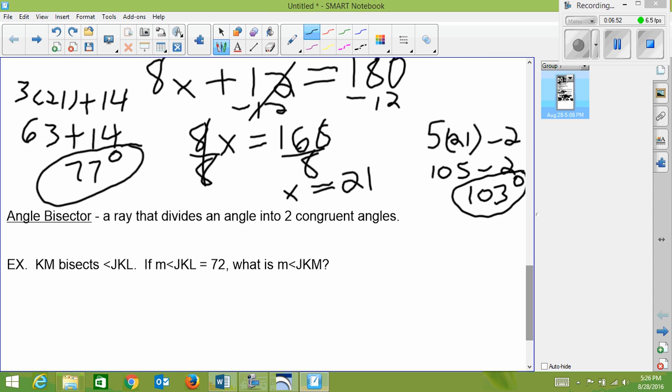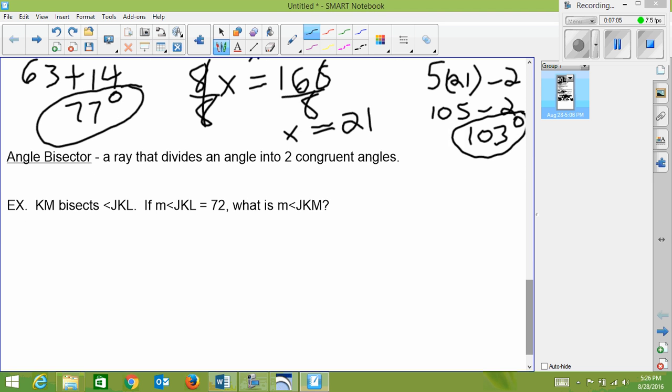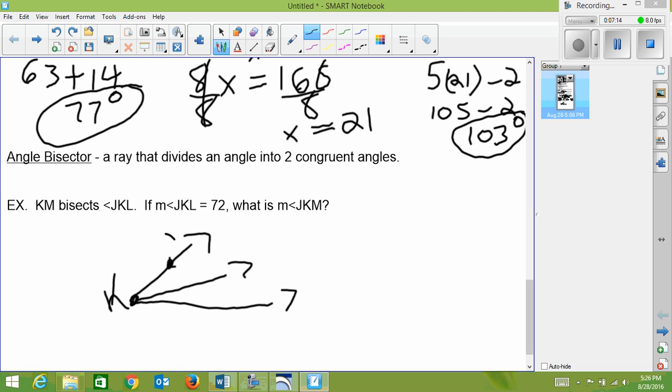An angle bisector. To bisect something means to cut in half. So it's a ray that divides an angle into two congruent angles, two equal pieces. So if I have a drawing here, something like this, and I'm going to say that K is here in the corner, this is J, M, and L. So if KM bisects JKL, the measure of JKL is 72.